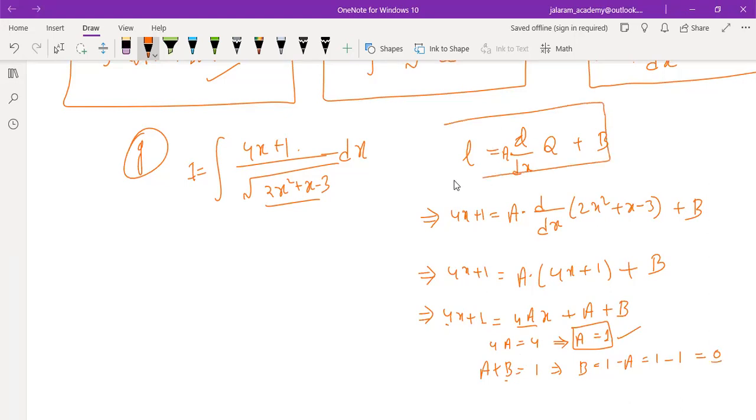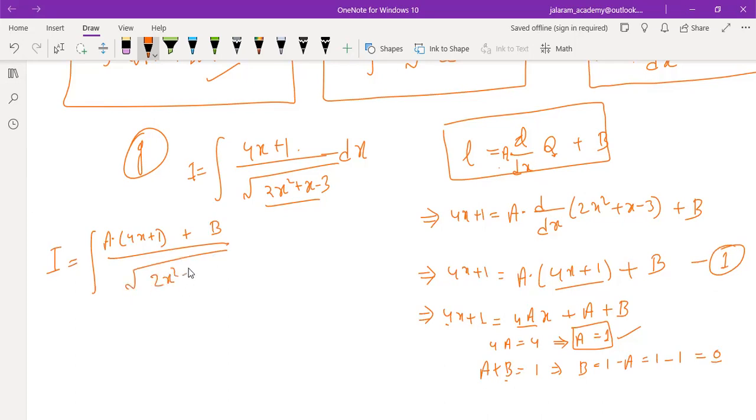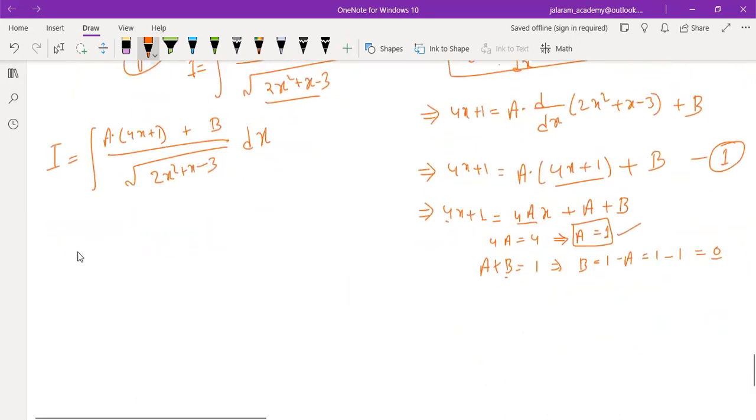So now change this linear term, that is the numerator 4x plus 1, as a into the differentiation of Q. Using equation number 1, it is a into 4x plus 1 plus b over under root of 2x square plus x minus 3 dx.